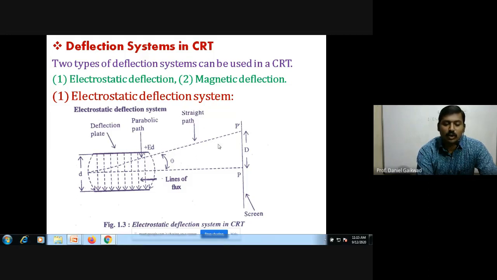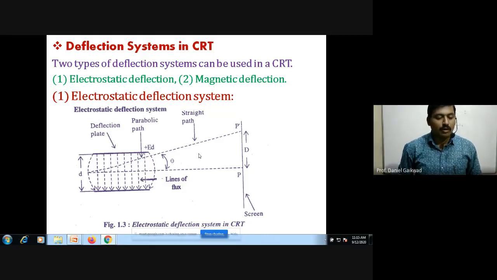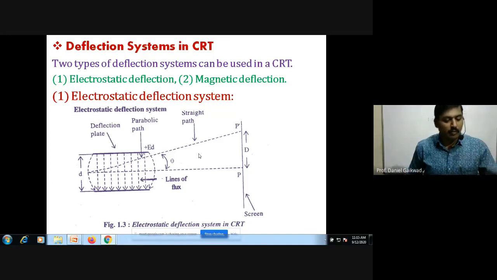In this region there is no electric field; the electric field is only inside the plates. So the electron follows a straight line after leaving the plates and is then incident on point P dash. Here there is a deflection of the electron beam with the help of the electrostatic potential and corresponding electric field.